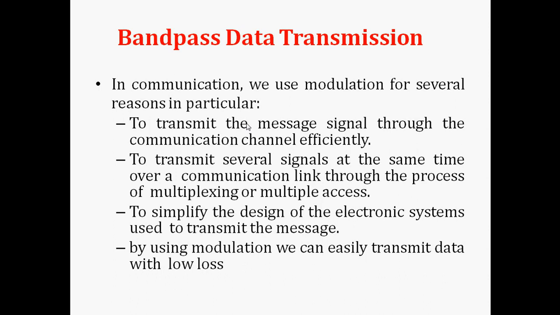We have already seen different types of multiple access: time division multiple access, frequency division multiple access, and code division multiple access. Modulation also simplifies the design of the electronic systems used to transmit the message, and by using modulation we can easily transmit data with very low loss.